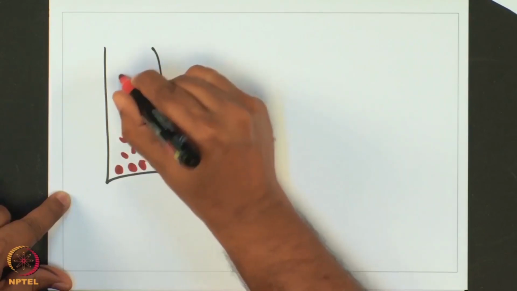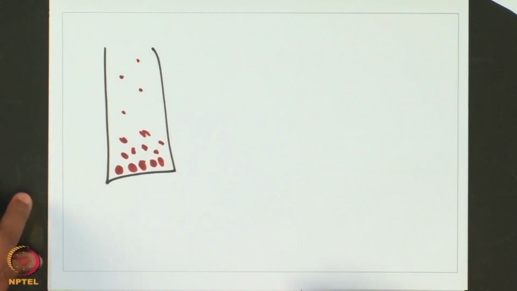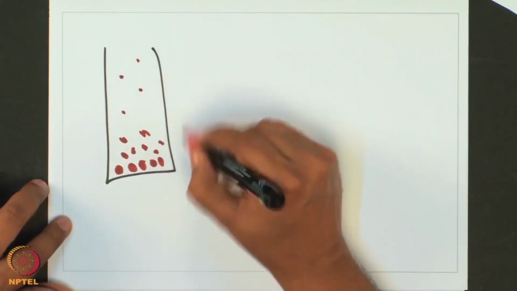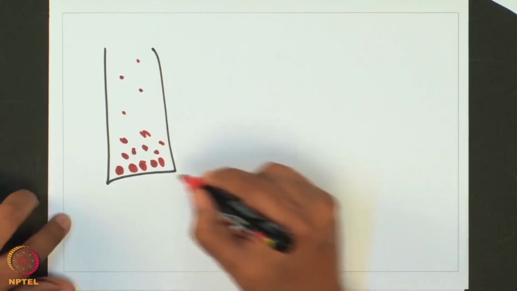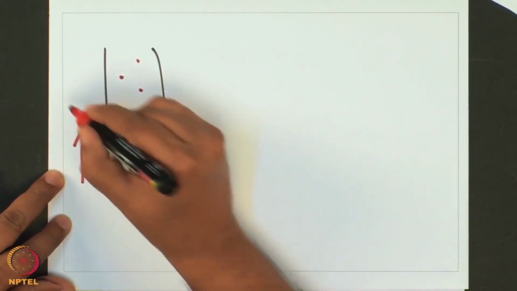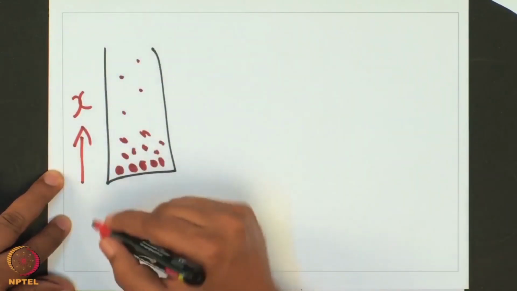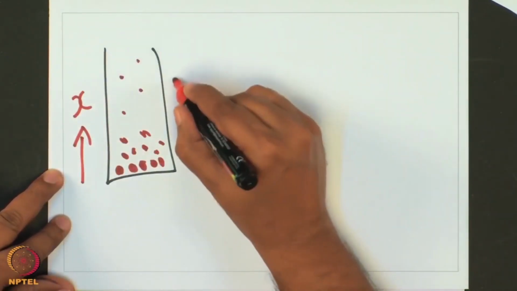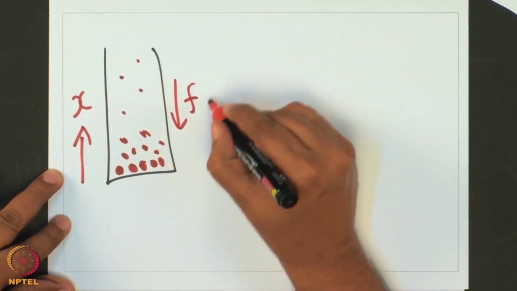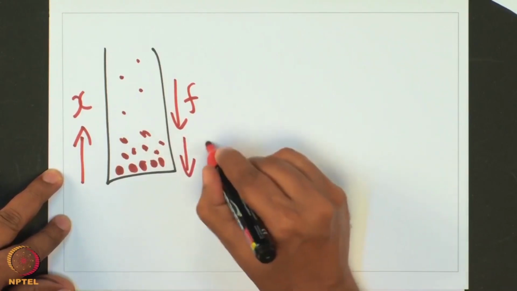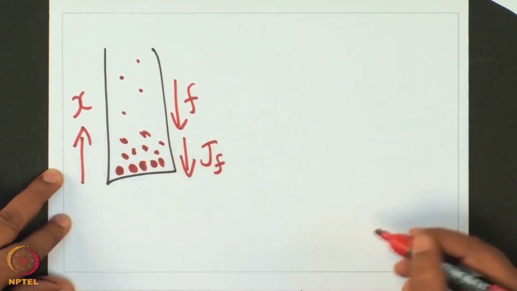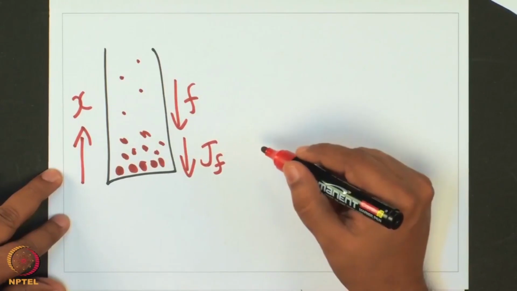There will be mostly at the bottom and a few here and there. Let us call this the x direction, and there is a force in this way, and because of that there will also be a flow in this way, and they will all sediment down.